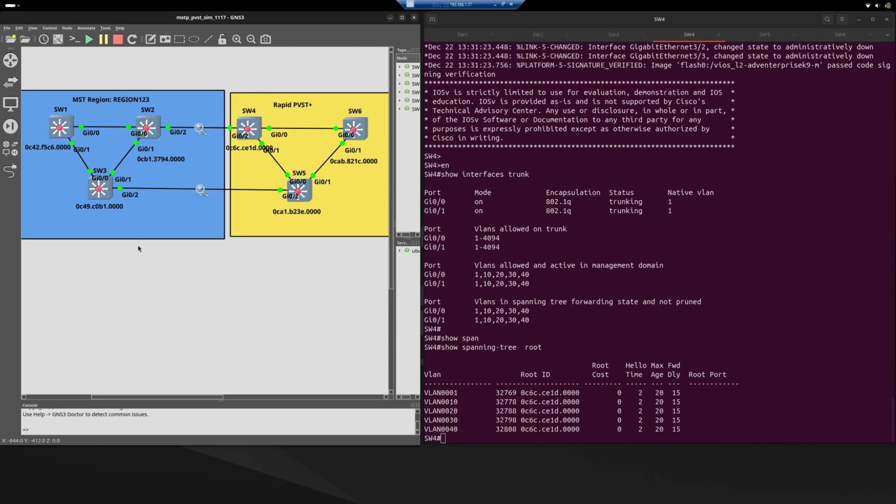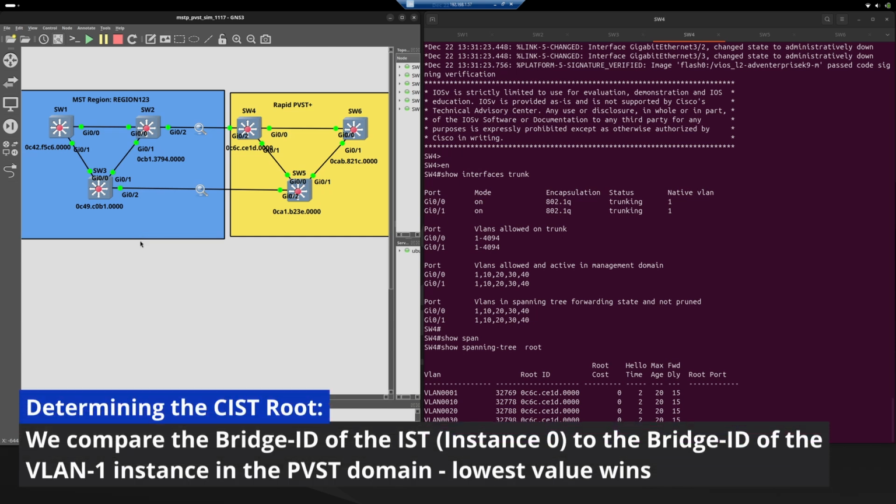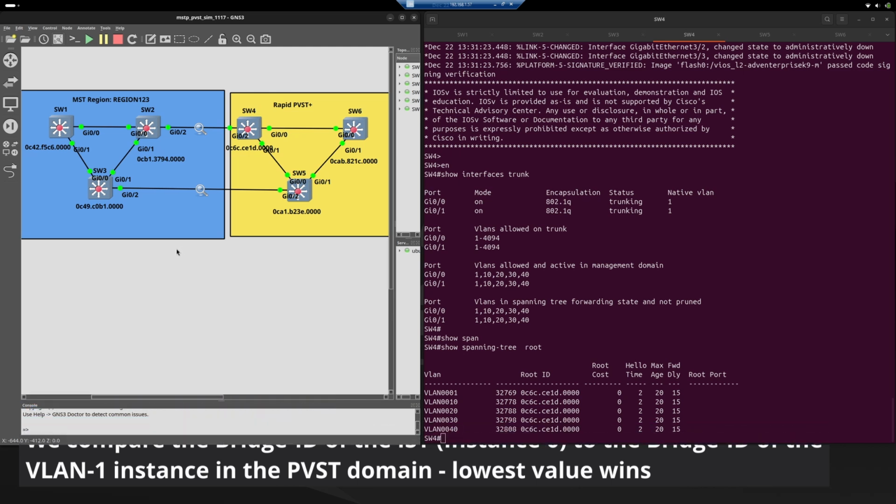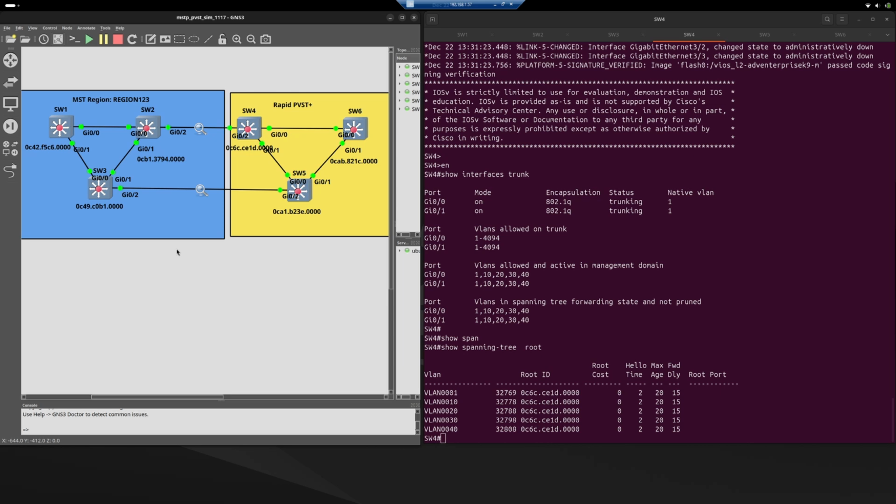And to determine the CIST root, the IST or MST instance 0 is compared to the VLAN 1 instance in the PVST domain. And the rule here is the same as always. The switch with the lowest bridge ID is going to be the CIST root.